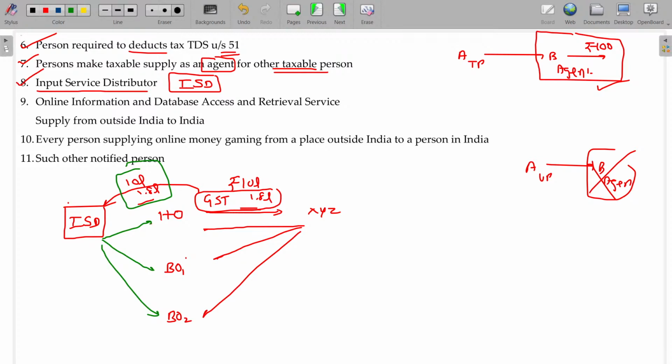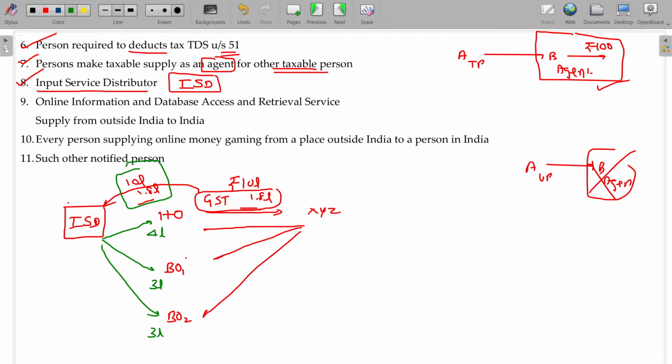Original invoice is from where? XYZ. Based on that invoice, one more invoice is going to be prepared for these three based on their own service enjoyed. Probably HO enjoys 40%. So 4 lakhs, 3 lakhs, 3 lakhs. Come on, tell me. What about the GST for 4 lakhs?